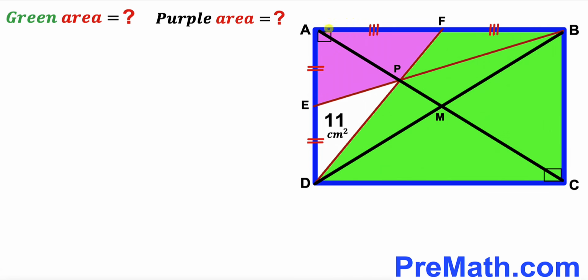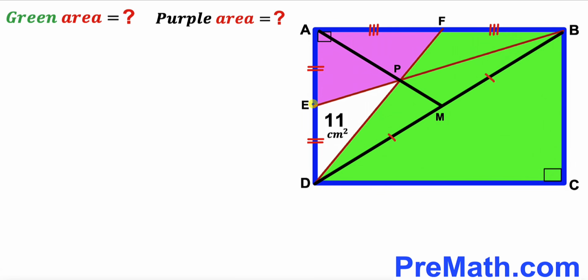Likewise, we have another diagonal AC, and these two diagonals intersect each other at this point M. So we can see that segment DM length is equal to segment BM length. In other words, M is the midpoint of diagonal BD. Now we are going to focus on this whole triangle DAB.